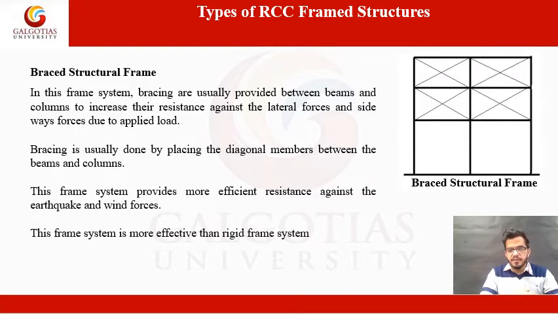Bracing is done along the diagonal direction between the beams and the columns, as you can see in the figure of the brace frame structure. Bracing is usually done by placing diagonal members between the beams and columns. This frame system provides more efficient resistance against earthquake and wind forces. It is stronger and more effective than the rigid frame system.